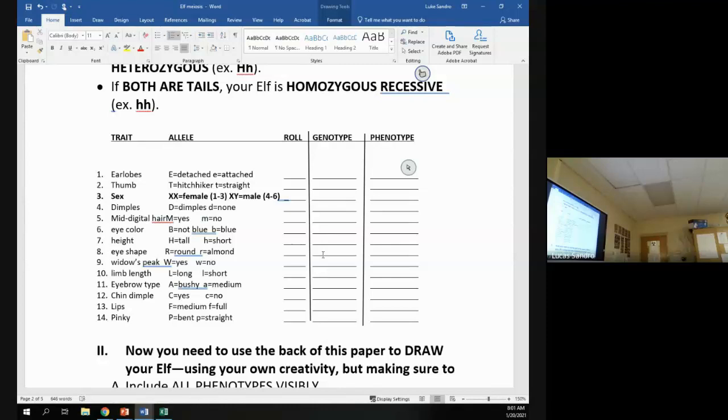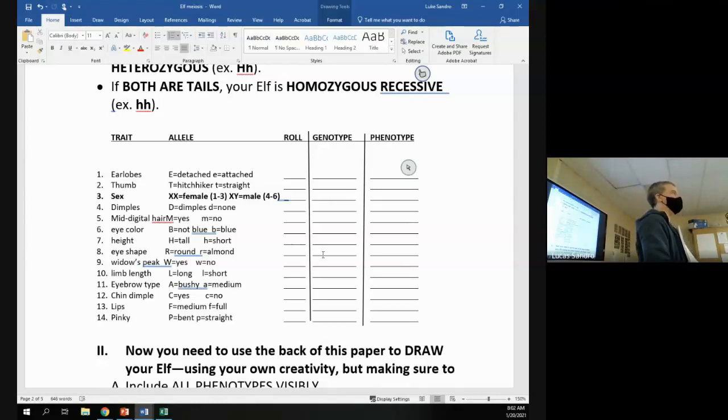So we're going to take these elves a little bit further. I hope you drew them well. I hope they look nice, because they will be pairing off and making elf babies. So you want them looking their best. We're going to dig into elf chromosomes now. We're going to say that elves have 5 pairs of chromosomes, and that each of the genes you rolled dice for are located in separate places on these chromosomes.